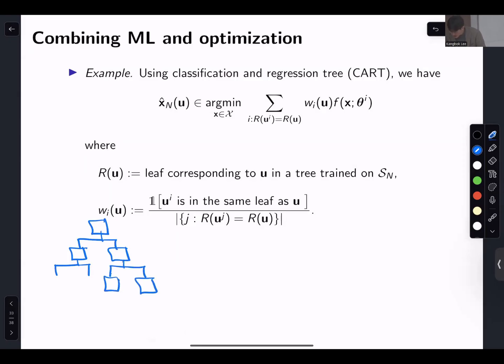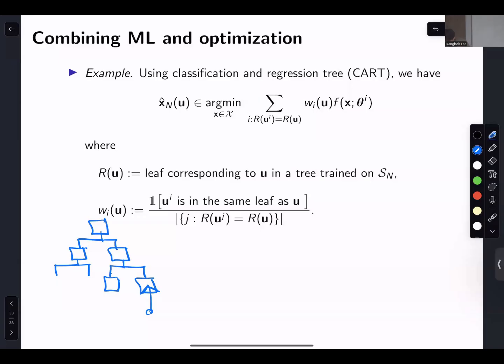And eventually, after answering a bunch of these questions, you arrive here and it's saying, you're ISFJ. Right? That's a decision tree, and that's how CART works. Okay, and instead of KNN, you can use CART in here.